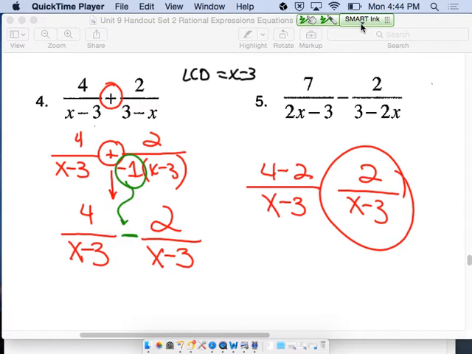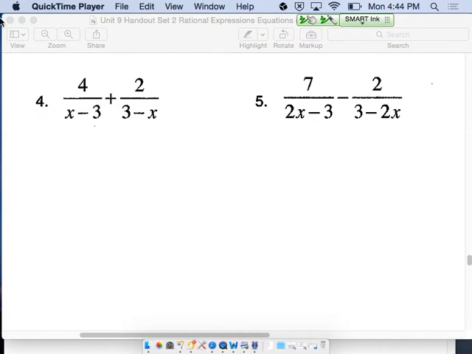Let's look at number 5 together. So in number 5, I've got 2x minus 3 and 3x minus 2. If I decide that I'm going to go with the LCD as 2x minus 3, and I see that I've got subtraction between the two expressions, if I introduce an additional negative sign into the problem in order to take the second denominator and reverse the order so that I have like denominators, what it would do is turn my operation into addition.